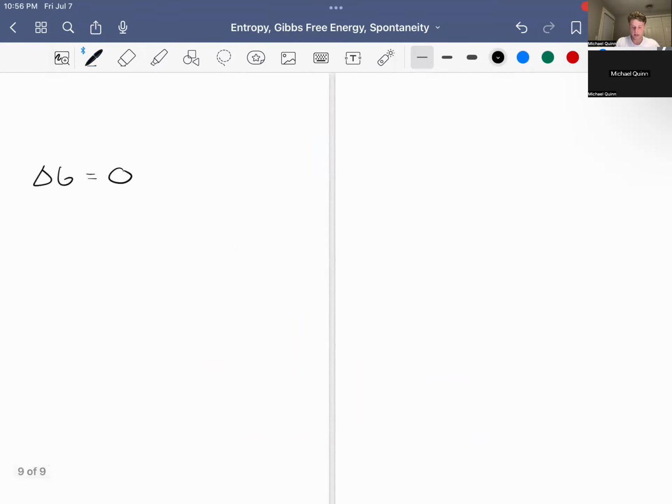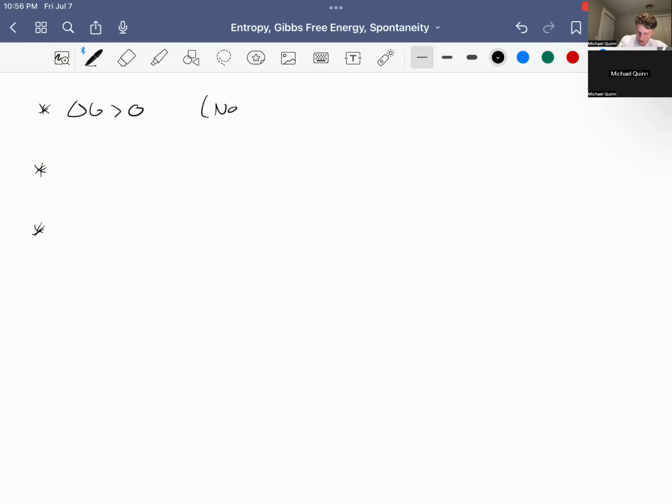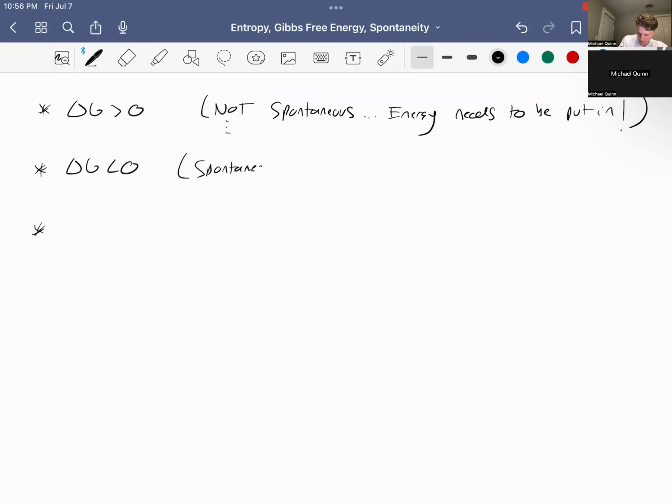So to summarize, when delta G is greater than 0, we know that this is not spontaneous. Energy needs to be put in. When delta G is less than 0, this is a spontaneous reaction.